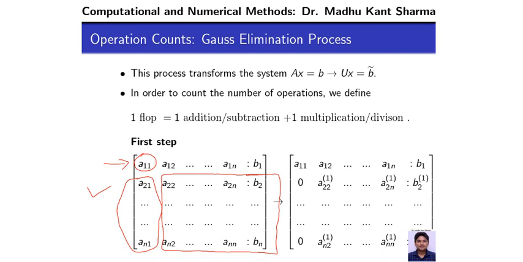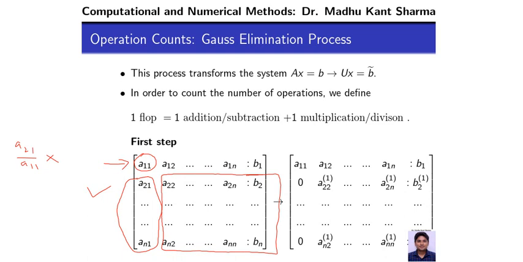If you wish to create a zero instead of a21, you multiply the first row by a21 divided by a11, and then you subtract. This is true for creating zero in the second row.